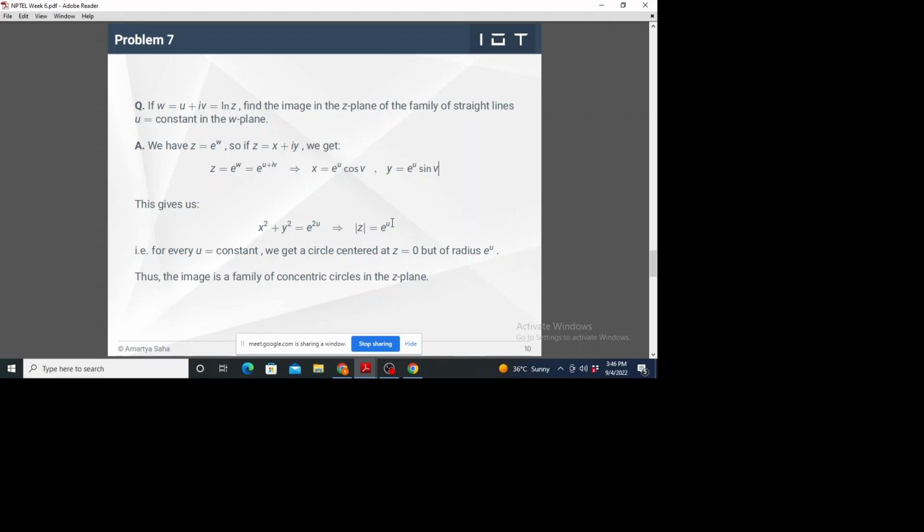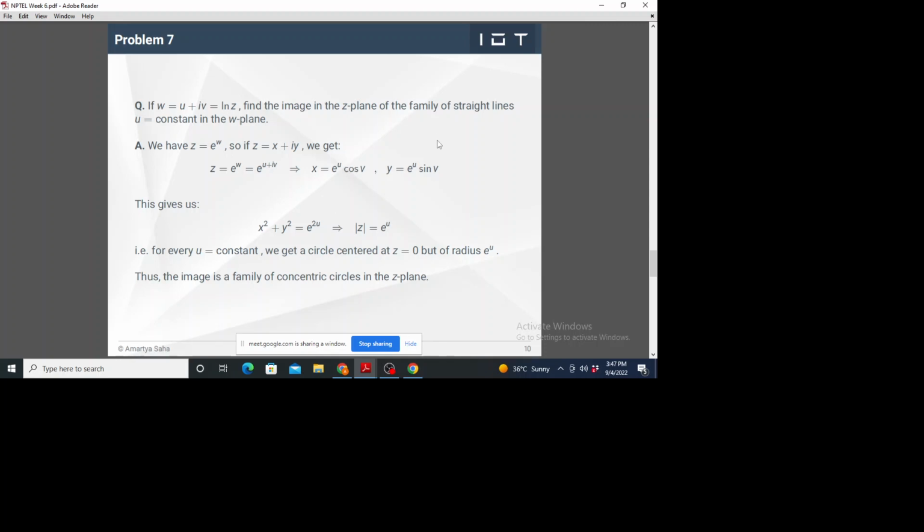A circle centered at z equal to 0 and of radius e to the power u. Remember, you are treating u simply as a constant. That is why the radius is e to the power u.